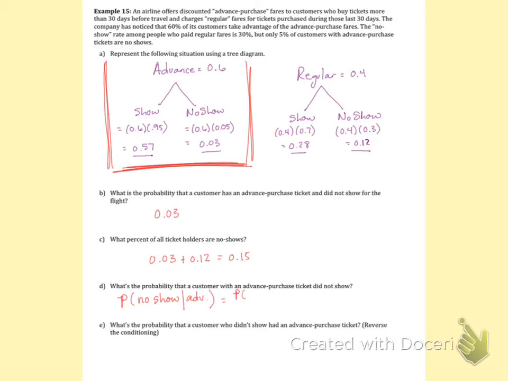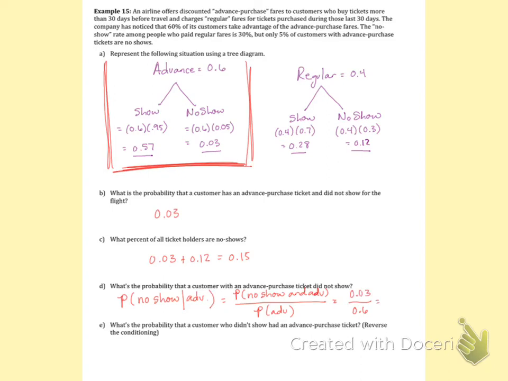This is the probability that they are a no-show and they had an advanced ticket divided by the probability that they have the advanced ticket. Well, the probability that they have the advanced ticket, that's up top, that's 0.6. And the probability that they are a no-show is 0.03.